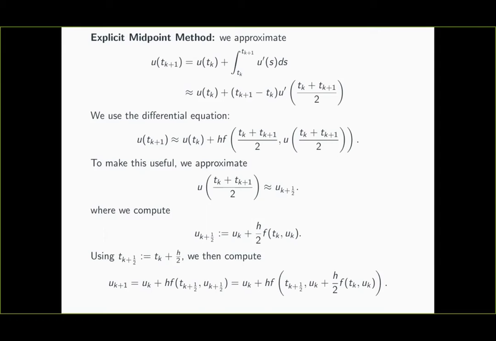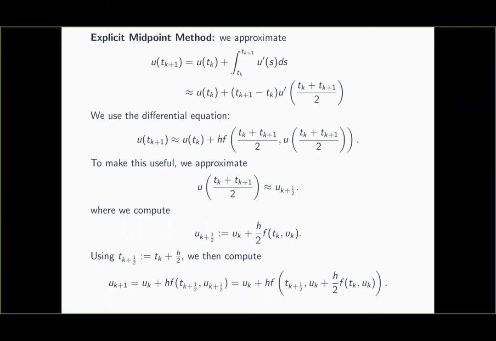We would like to use this approximation to define a numerical method. Now, but in contrast to the explicit Euler method, this is not yet ready to go because we do not know u at time t_k+1/2. So in order to make this method useful, we need to approximate u at the midpoint of the time interval. And that can be done, for example, by the explicit Euler method.